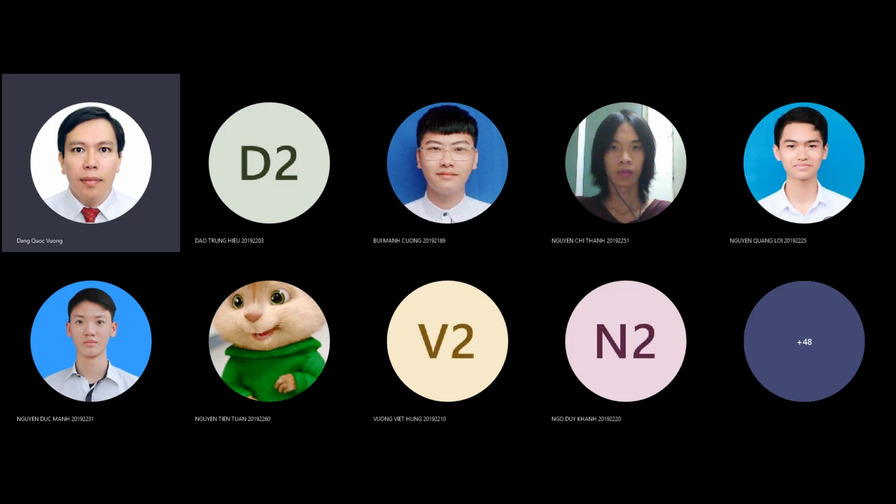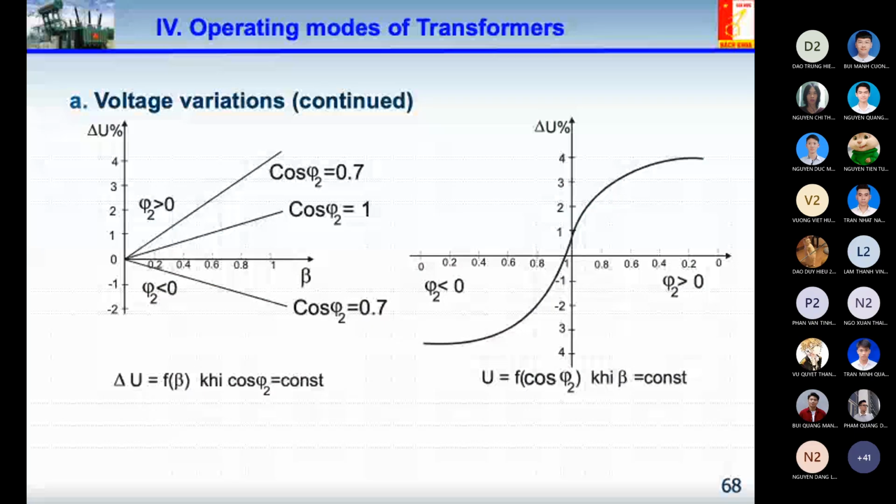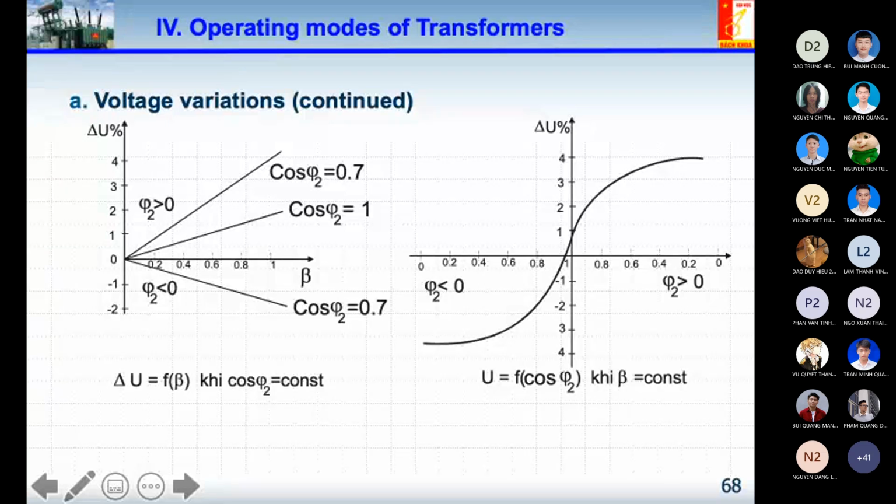Okay, now let me come back to our slide. I would like to show you. You can see the different loads: cos phi equal to 1 corresponds to the resistive load, which you know already, and here for the inductive load, and here for the capacitive load.